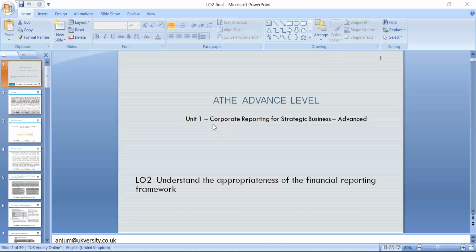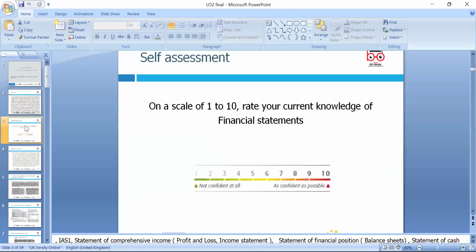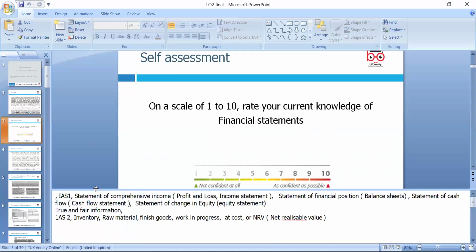So today's lesson will go through understanding the appropriate financial reporting framework. Let's reflect on what you know about the financial statement, and how many types of financial statement we prepare in accounts. We discussed in the previous lesson IAS 1, International Accounting Standard 1, which is about financial statements, how many types we have, and how we prepare them. The statement of comprehensive income is called the income statement, or profit and loss.